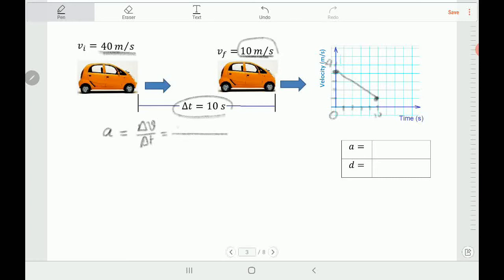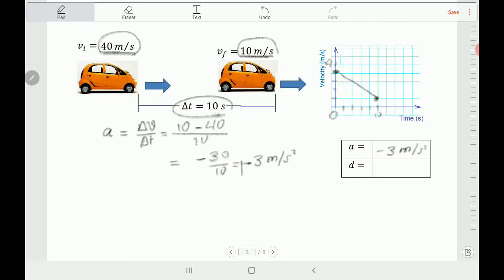It's 10 meters per second, 10 minus. What's the initial? 40 meters per second, minus 40, divided by the time taken by the car, 10. So when you calculate that, 10 minus 40 is equal to negative 30, over 10. So the acceleration is equal to minus 3 meters per second square.